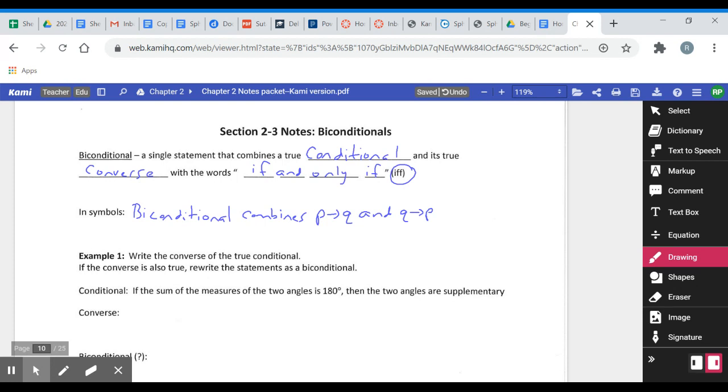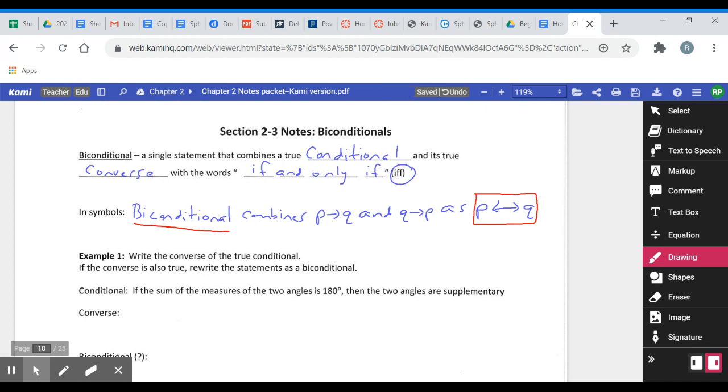And so again, a biconditional combines the conditional and its converse as, we're going to write P and then a double arrow Q. And that's what our symbol is for a biconditional. I'm going to put a little box around that with red. So that is what our biconditional is.